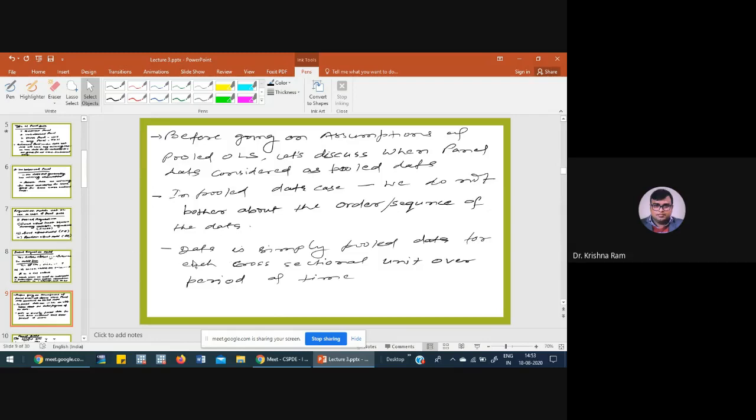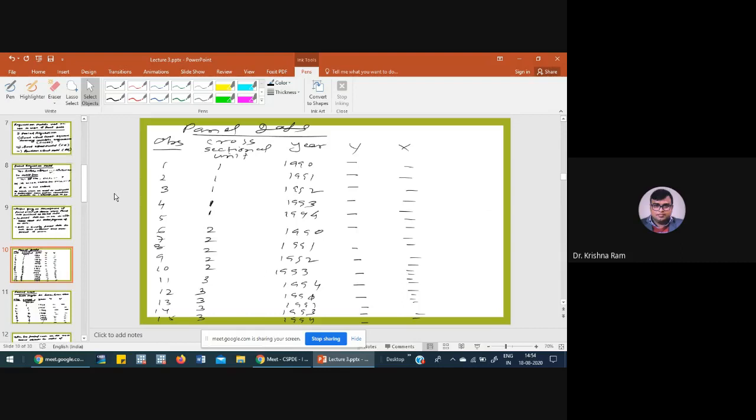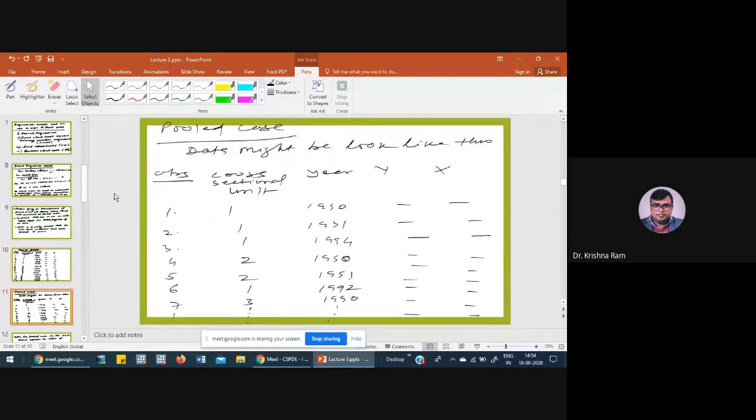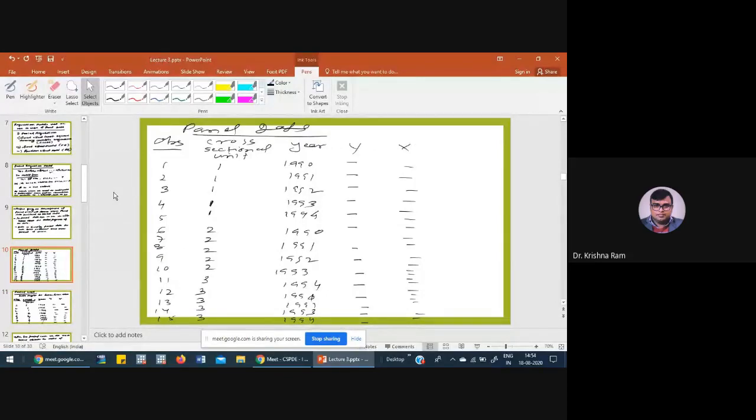So when data is simply pooled for each cross-sectional unit over a period of time, that becomes a pooled data set. In a panel data set, as I told you, we indeed bother about the sequence of the data. So this one is the example of panel data.